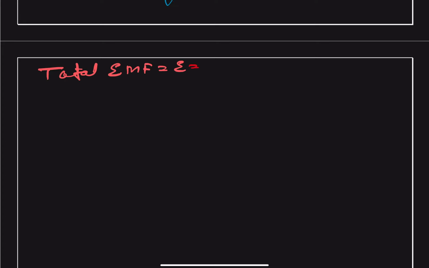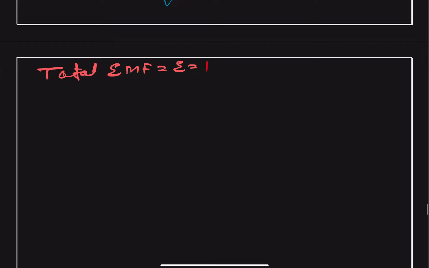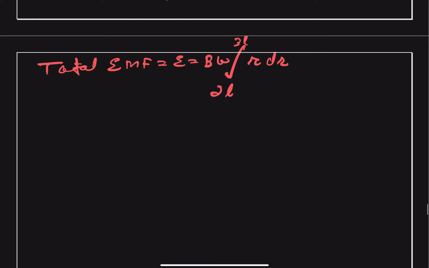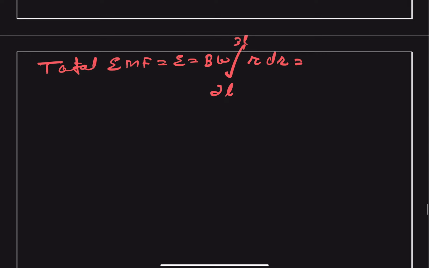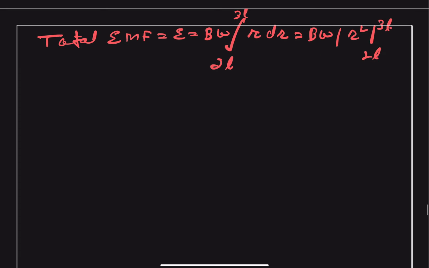Therefore, the total EMF will be equal to B omega integration from 2L to 3L of r dr. This can be written as B omega times r square by 2, from 2L to 3L. And now it is a simple calculation.